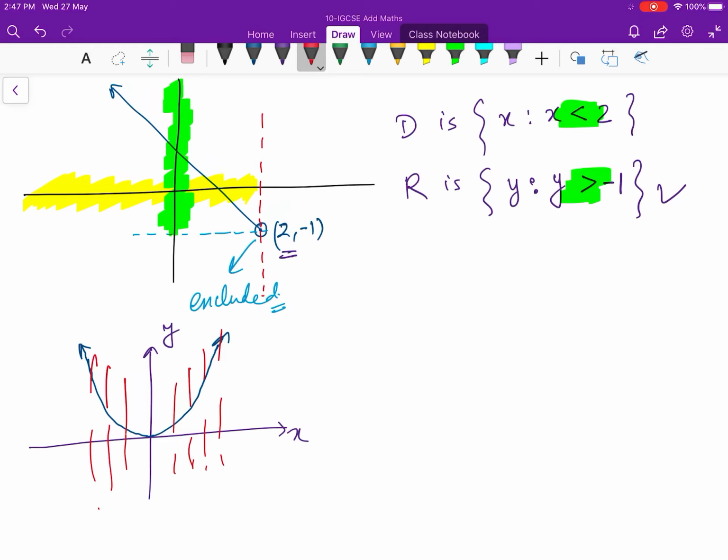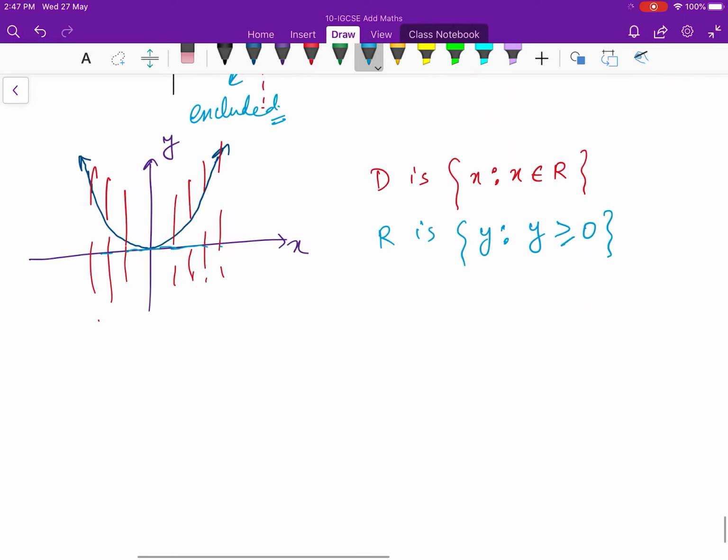So I can say that domain is x such that x belongs to R. So x could be anything, but for y, this is the end, so y cannot be negative. So I will write that range is y such that y is greater than or equal to 0.